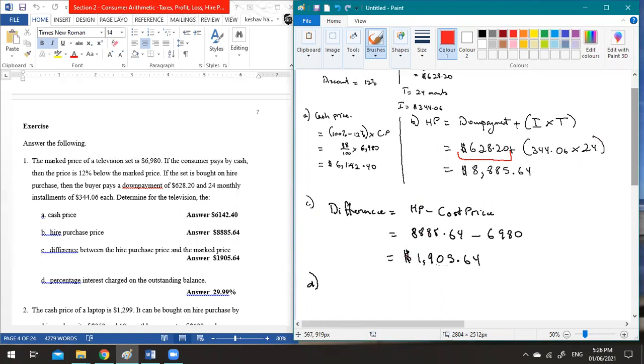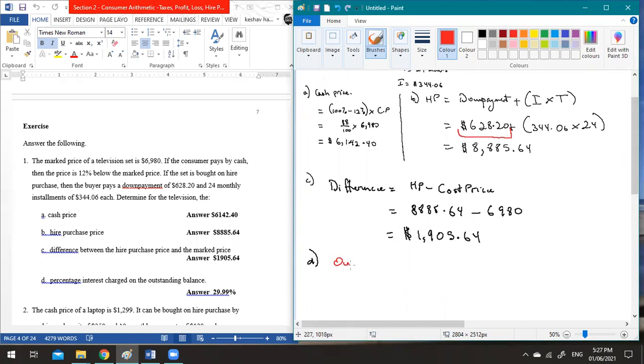The difference will be the interest that we paid, right? That's how much extra you paid. And the outstanding balance will be how much money we still owed after we paid the down payment. So the outstanding balance, this is a tricky question, would be how much it had cost, $6,980 minus the down payment, which is $628.20.